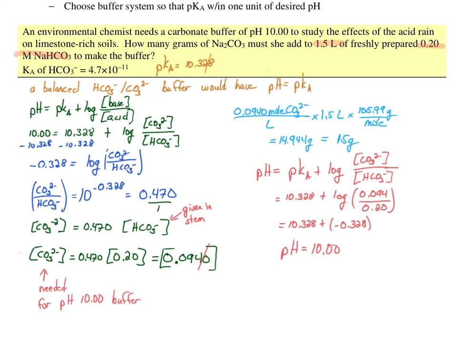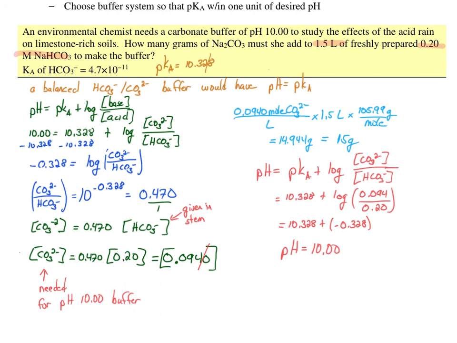Let's review what we did here. Okay, we're looking for a buffer with pH 10. We chose a weak conjugate acid-base pair whose pKa is relatively close to the targeted pH. And then we determined what ratio is needed in order to dial in the appropriate pH.